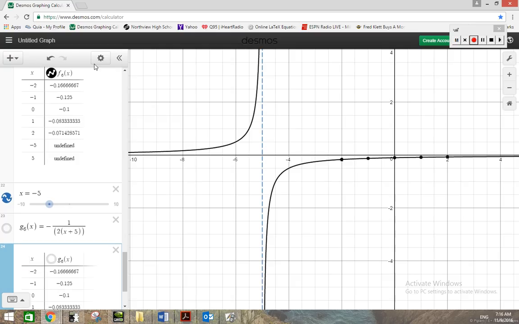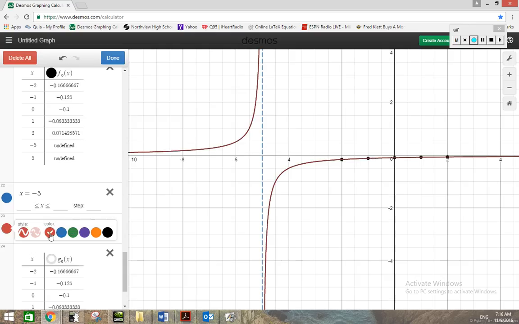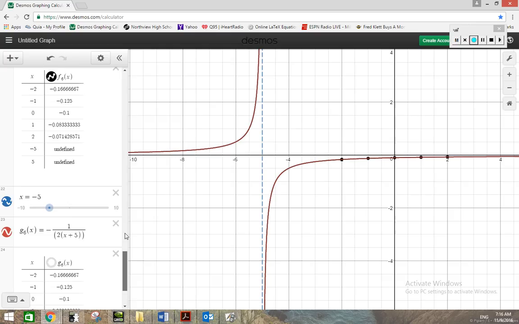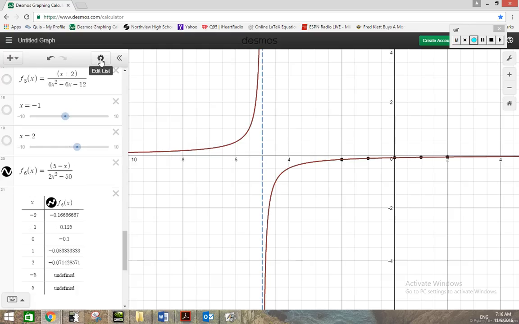Let's change these colors. Let's make this red. Well, it's still hard to see with the black. Maybe I should change that black to something else.